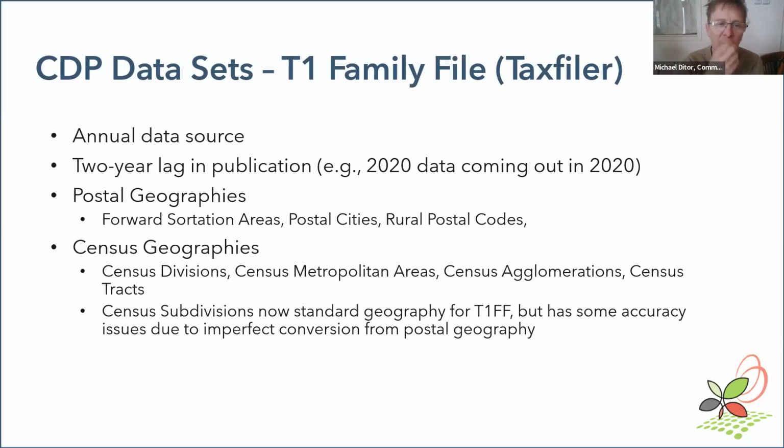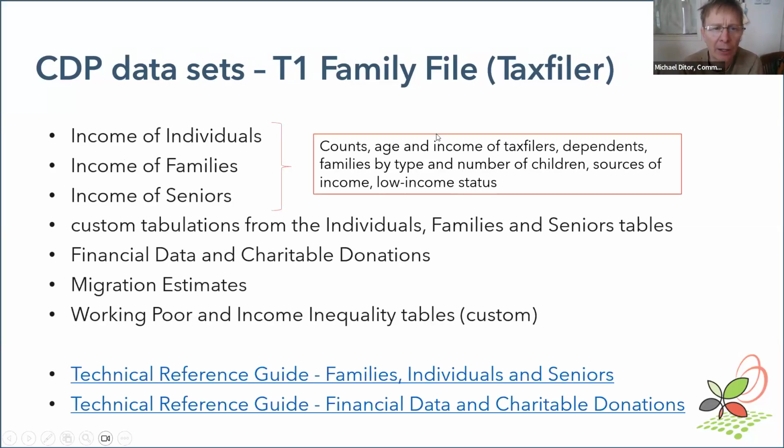So they're improving the turnaround time for this data source because it's also quite a rich data set. It doesn't necessarily let you cross tabulate by a lot of different demographic dimensions, but you do get a lot of information on families, you know, age, income, number of children, and then obviously a lot of information on income and low income.